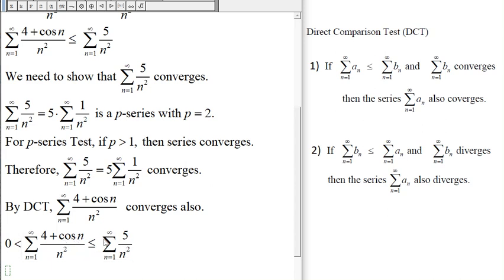And then we have shown that this series converges, meaning it's less than or equal to some real, finite number k. And so we've shown this series is between 0 and k. And since it's a positive series, it's monotonic, and therefore it also converges. So that's the logic behind the direct comparison test.